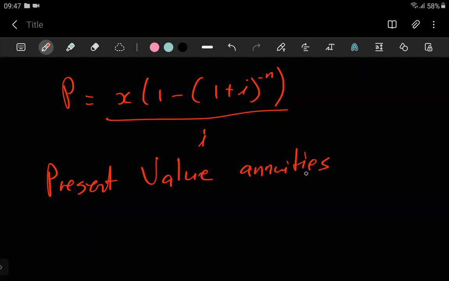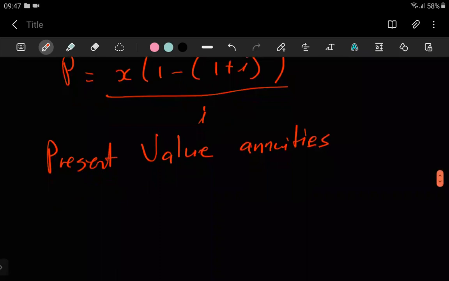What this is normally used for is to keep track of this kind of formula. It's actually used for things like loans. If you're paying off a loan, let's just do the rest first.